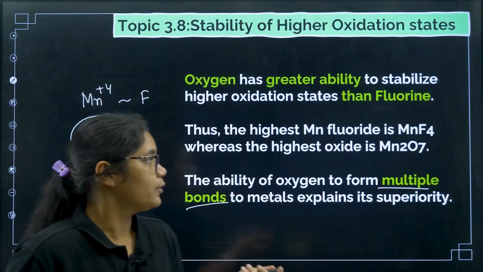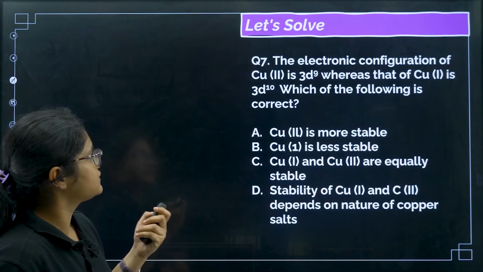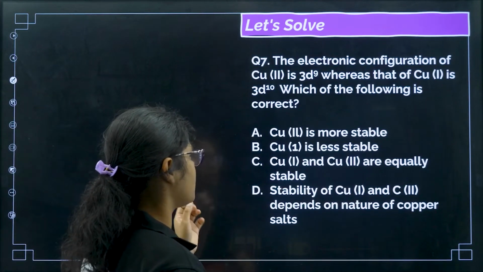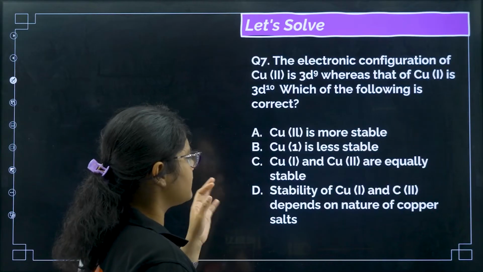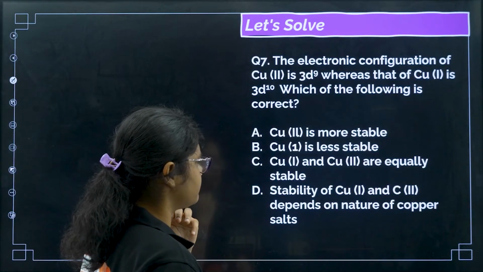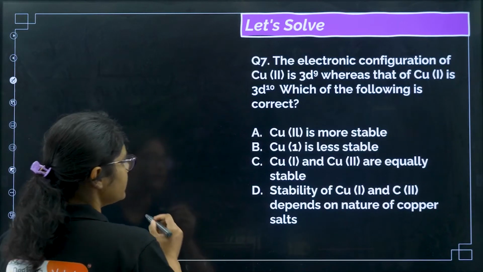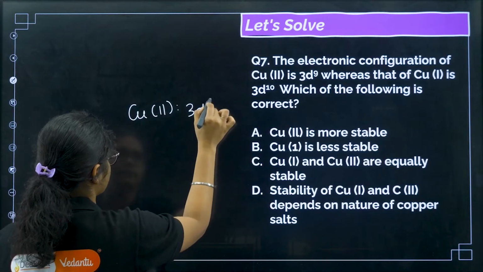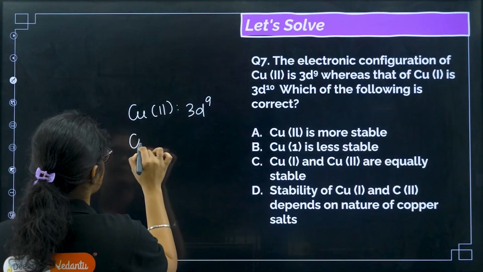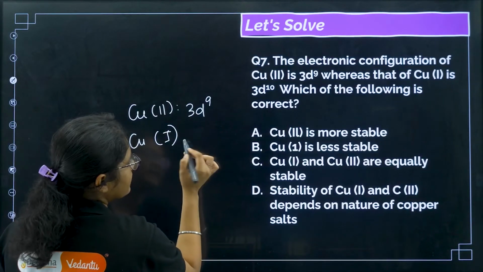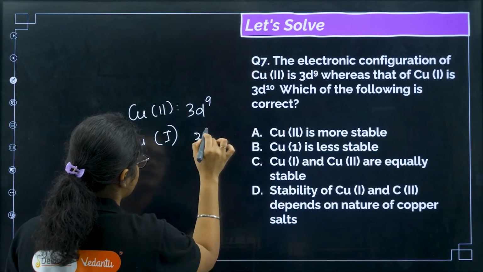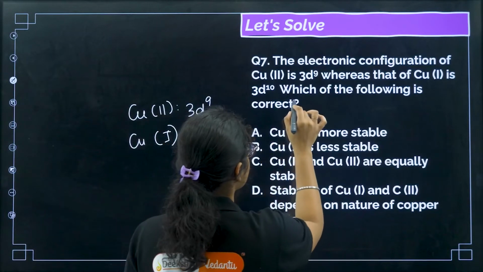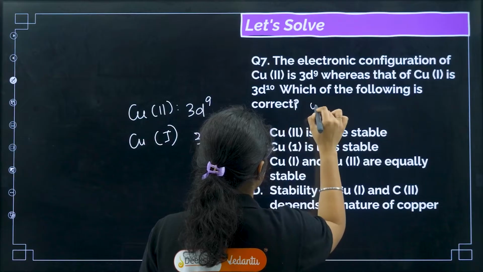Now coming to the next one, some questions we can solve here. The electronic configuration of Cu2+ is 3d9, whereas that of Cu+ is 3d10. Which of the following is correct in aqueous medium?